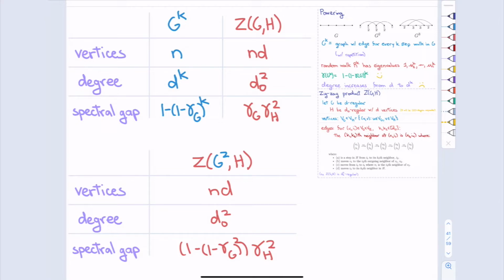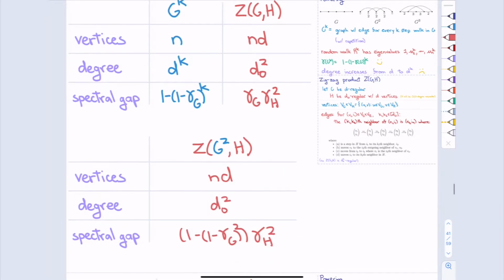This is coming from initially taking the product and then gamma H squared. I guess this could be simplified, because 1 minus gamma G squared is something like 2 gamma G minus gamma G squared times gamma H squared. Did I do that right?